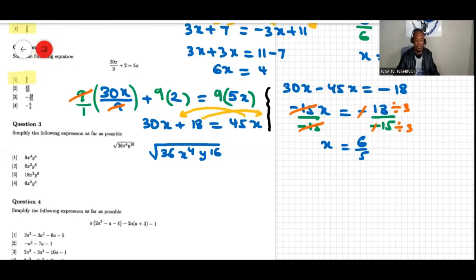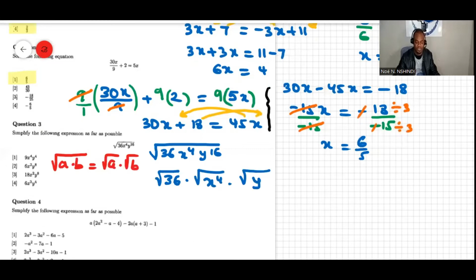Now we need to know there's a property that says the square root of a times b is the same as the square root of a times the square root of b. So we can break the square root: the square root of 36 times the square root of x to the power of 4 times the square root of y to the power of 16.